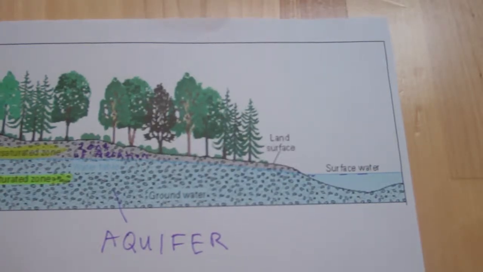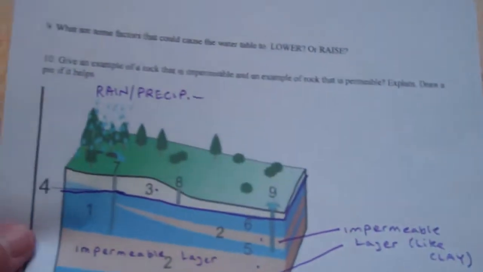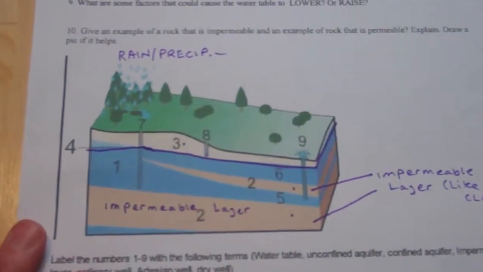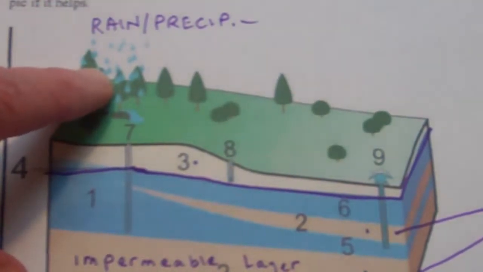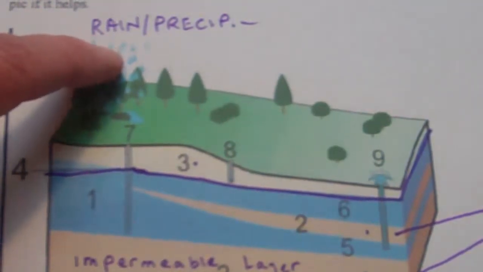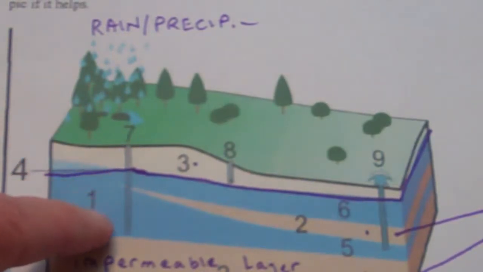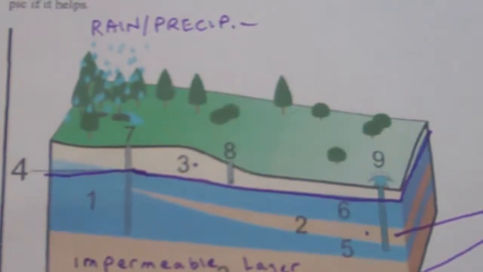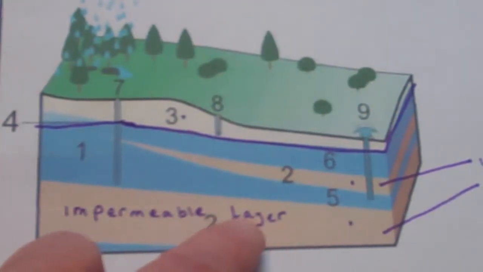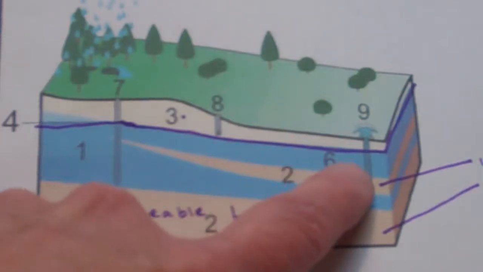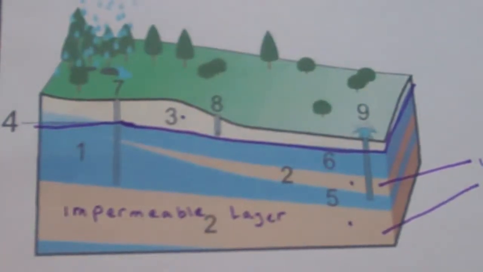All right, well, let's look at another picture with a little bit more detail. You've seen something like this. They're showing you some rain coming down on the scene, and that rain is going to seep into the ground and go into the groundwater below. I added an impermeable layer to our picture here, and this number 2 is an impermeable layer as well.